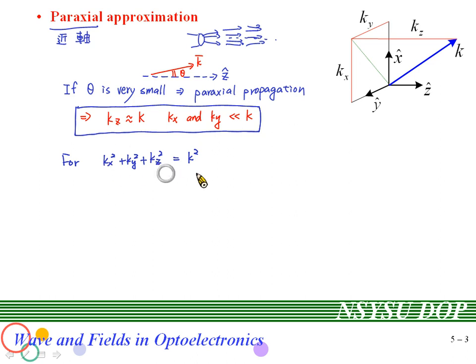By this property, we can say that kz can be expressed as the square root of k squared minus kx squared minus ky squared. We take k squared out from here, and then we have this expression.